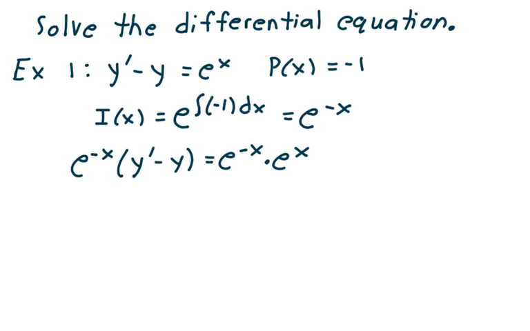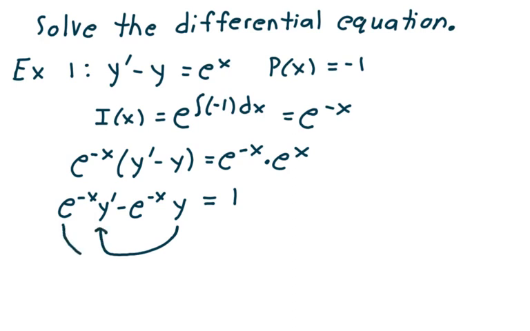Now, e^(-x) times e^x is just 1. And then on the other side, we get e^(-x) y' - e^(-x) y. But I want you to notice something. Notice how the derivative of y is y'. The derivative of e^(-x) is -e^(-x).